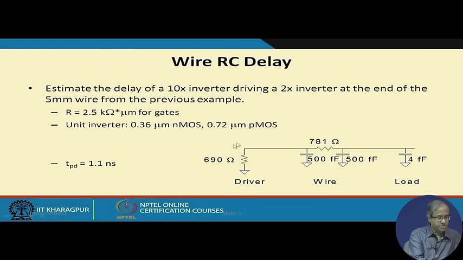If you simulate this, the delay comes out to be about 1.1 nanosecond. So, this shows that if you have a problem like this, using some modeling like this and then using simulation, there are tools available, you can get the delay. Okay.